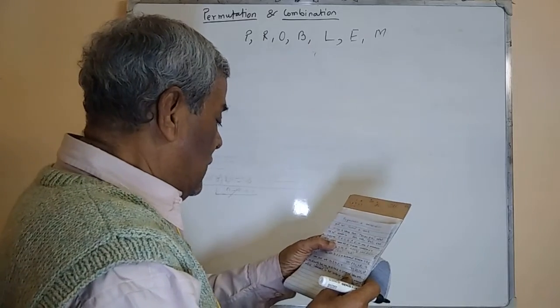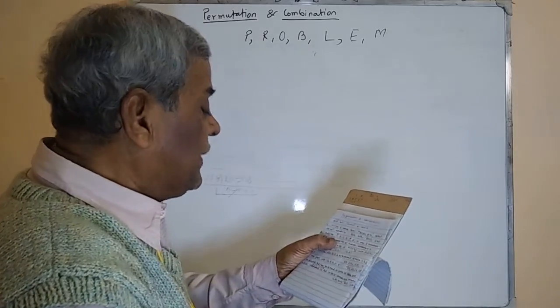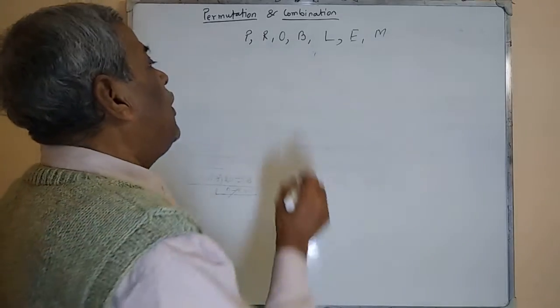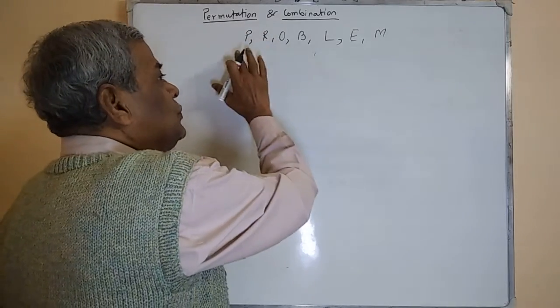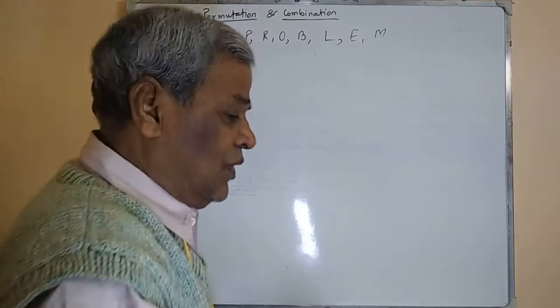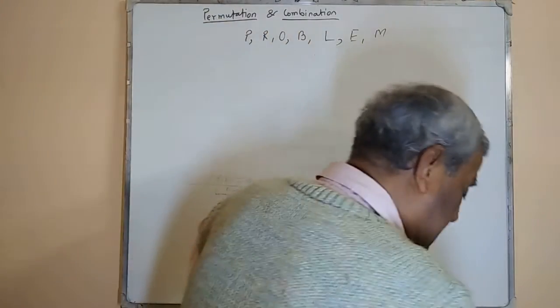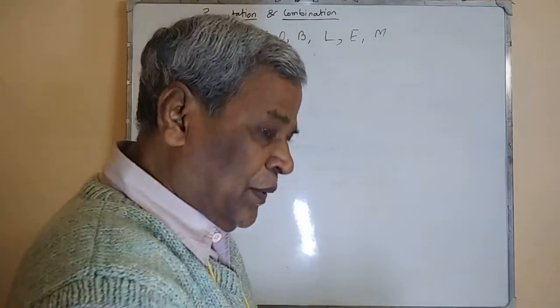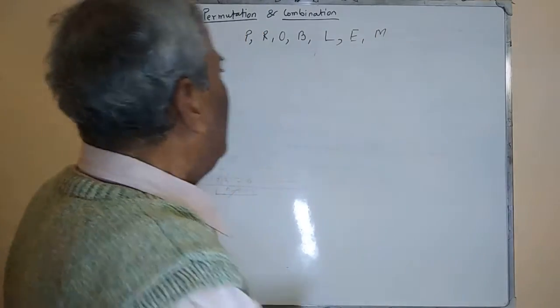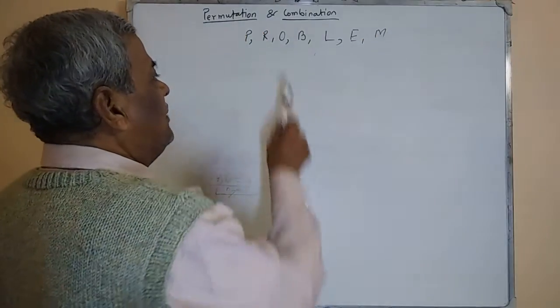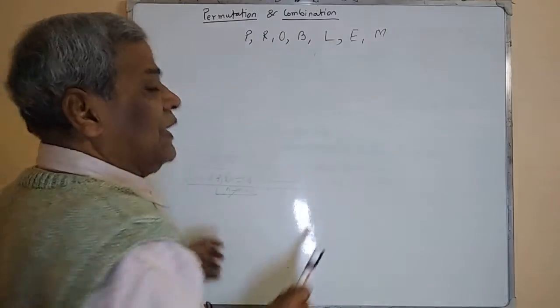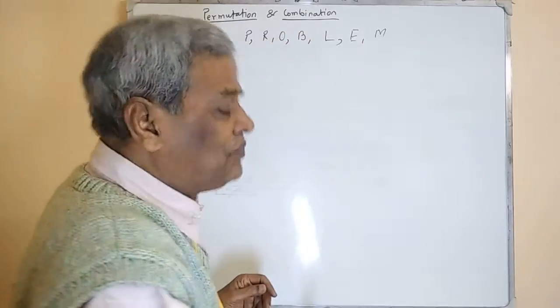So the number of subcommittees consisting of 4, chosen from them, is what we have to find. Total number of subcommittees means committees by taking 4 at a time from these 7 distinct candidates.